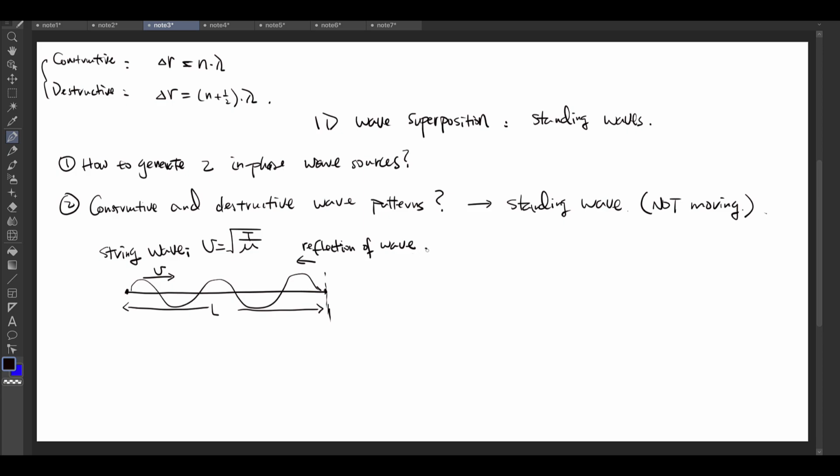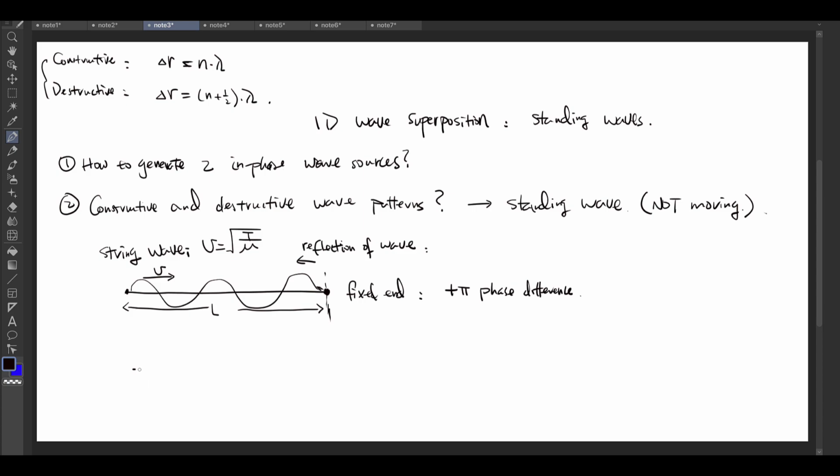And the reflection of wave has two properties. If the other end of the string is a fixed end, then the reflected wave differs from the previous wave by pi phase. It's due to fixed end.